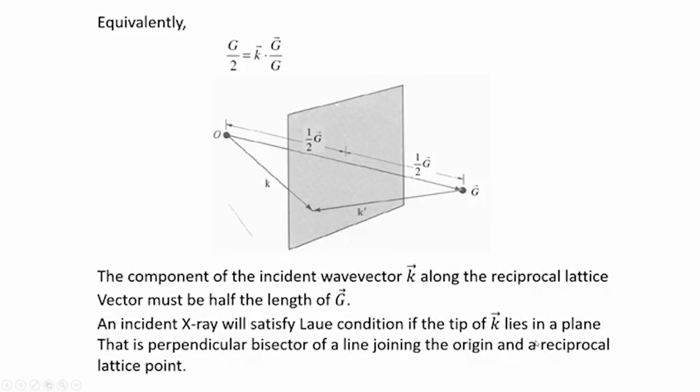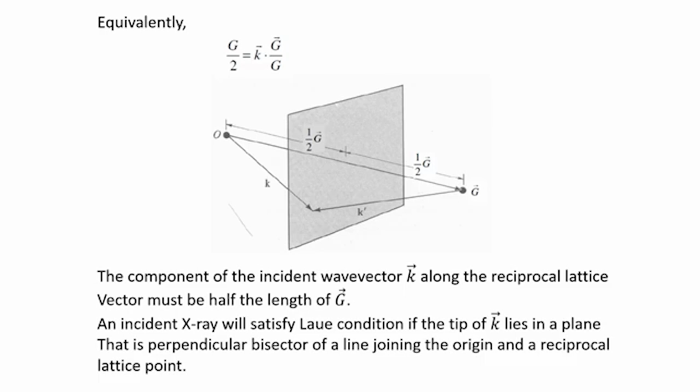Okay. So, putting it in another form, half of the reciprocal lattice vector, G over 2, should be such that the projection of k in the direction of G has to match exactly half the reciprocal lattice vector.